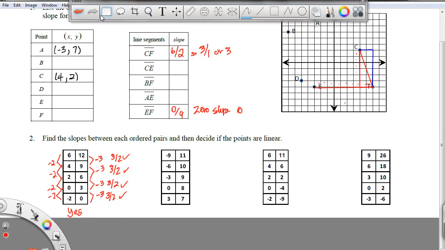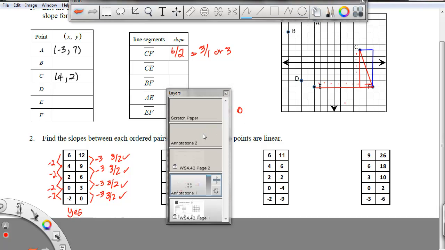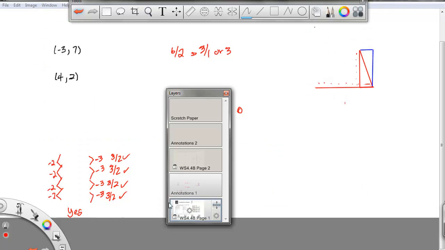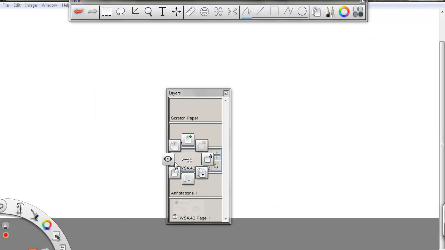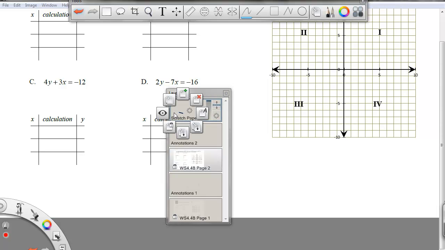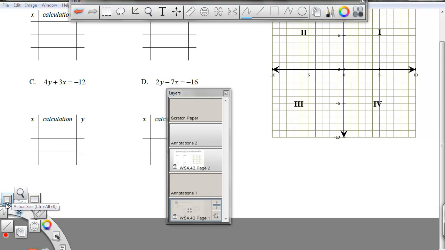Okay, let's go to the next page, or the bottom part of the paper. And this is probably the most important part. Let me reset this.